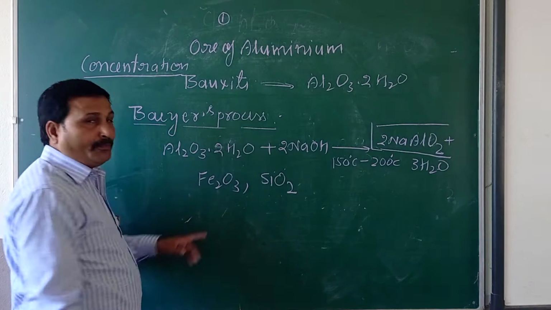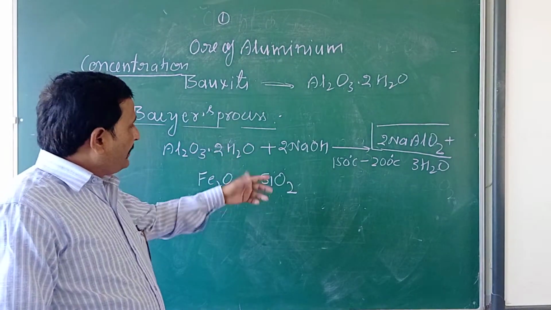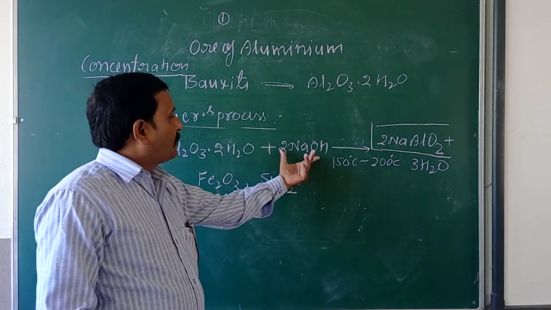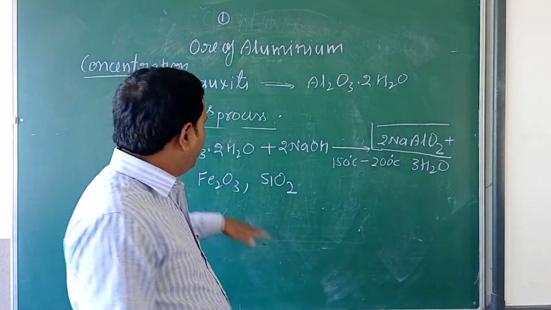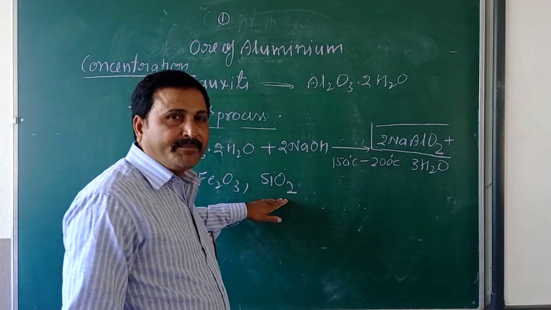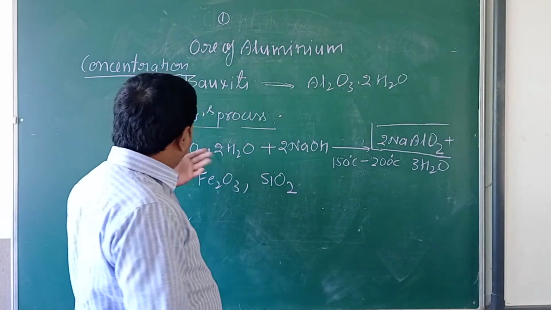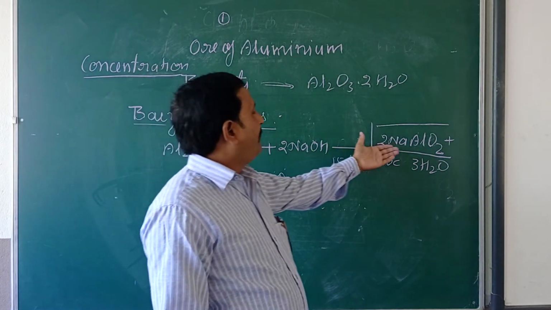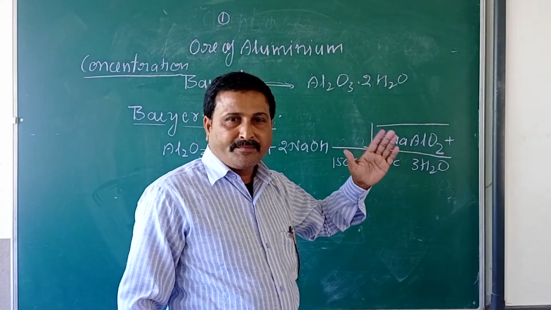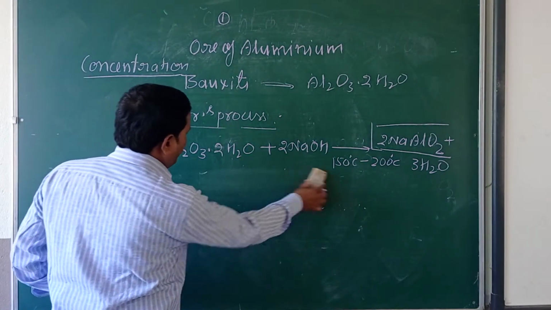These are unaffected by sodium hydroxide, so they remain there, and bauxite reacts with sodium hydroxide to form sodium aluminate. This is the first step.